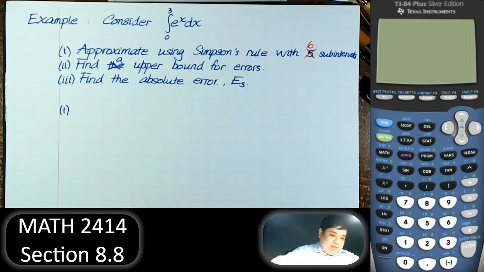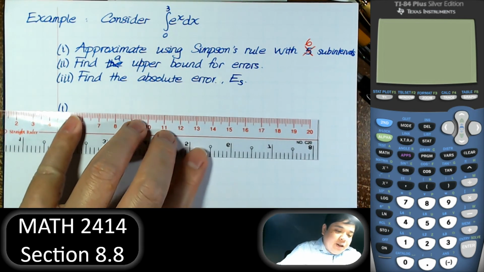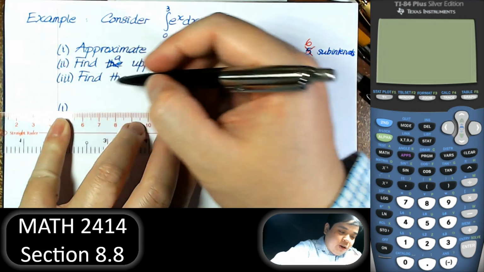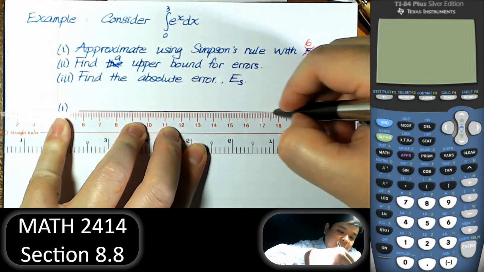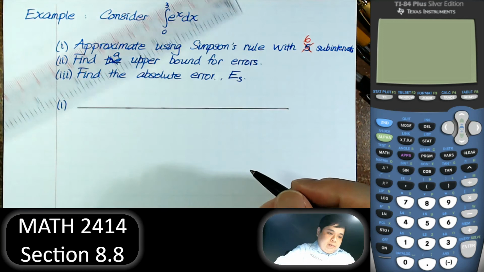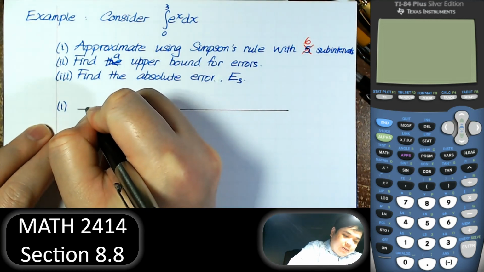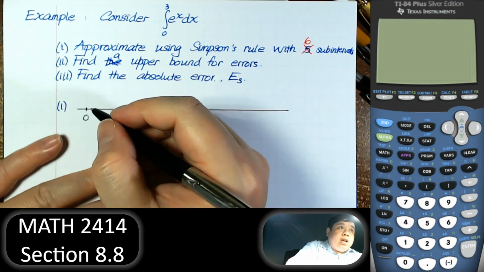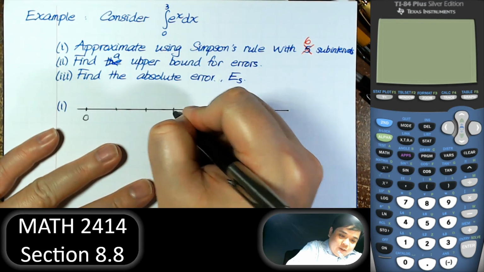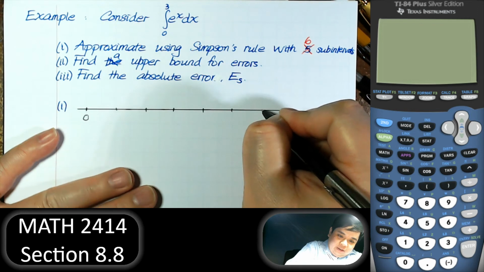Right, that's better. So I'm going to draw 6. Going from 0 to 3, there will be 6 subintervals: 1, 2, 3, 4, 5, and 6.